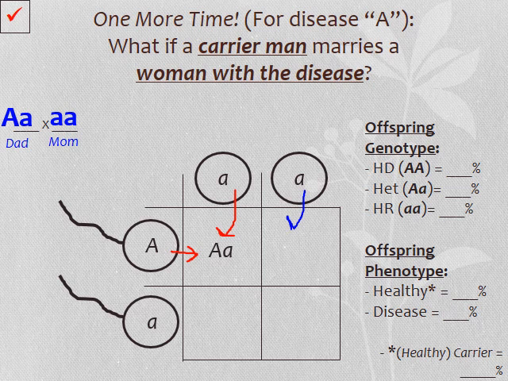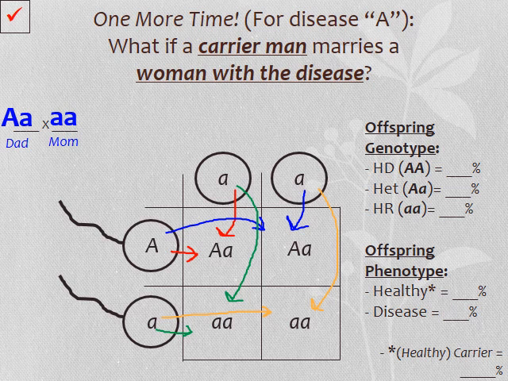We have our second, which would be big A, little a. We have our third, which would be little a, and we have our fourth, which would also be little a.